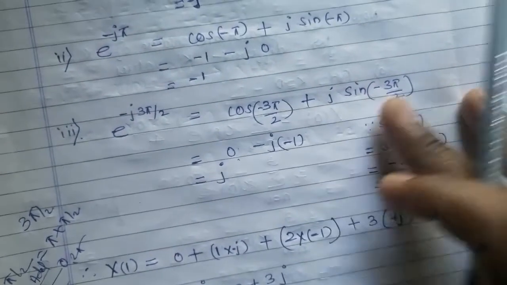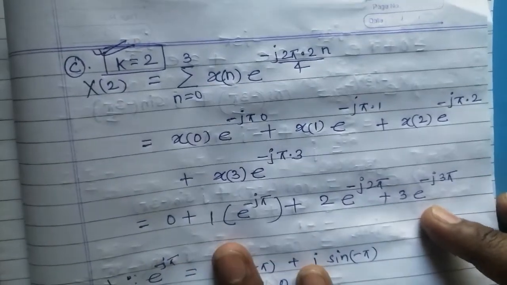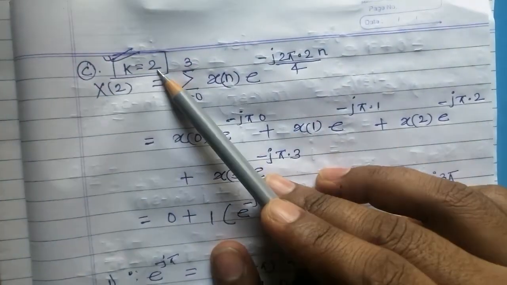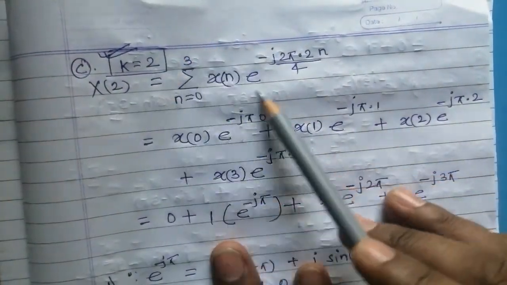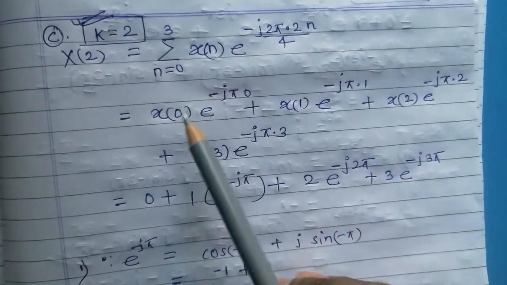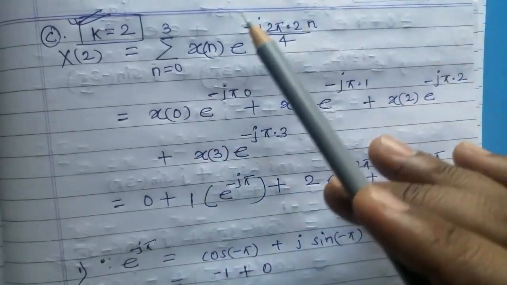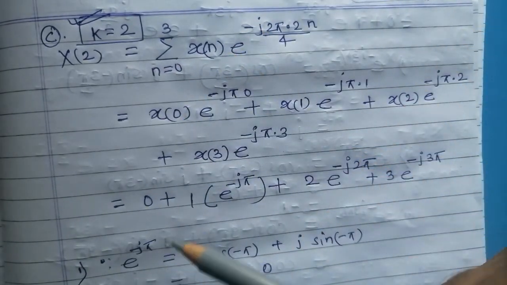Similarly, you have to find the next, that is X of 2, that is for k value 2. Okay, the same method we have to follow. I hope you are getting it. There is nothing so difficult here in this numerical. It is directly a formula putting example.